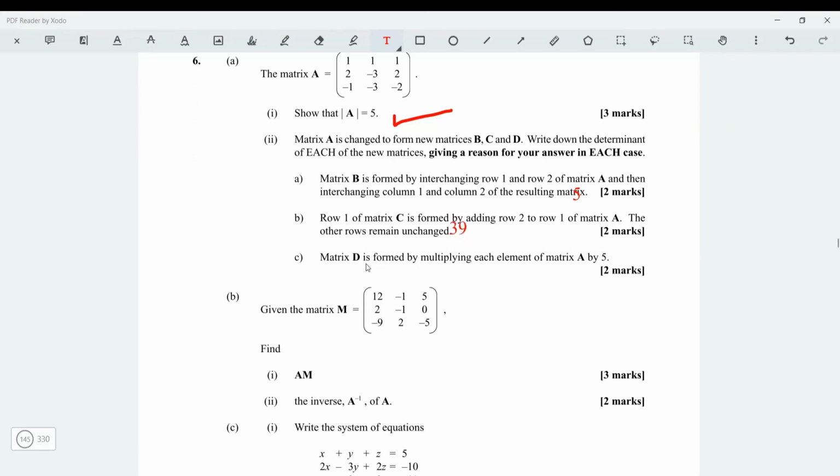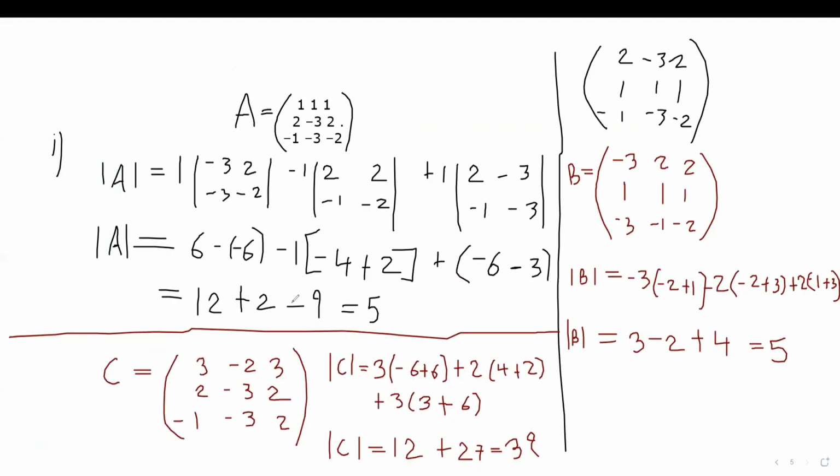Now determinant of D is formed by multiplying each element of the matrix A by 5. So if we multiply everything by 5 to get matrix D, let's write matrix D on a new page. Matrix D is a whole heap of work. Matrix D is going to be multiplied everything by 5.